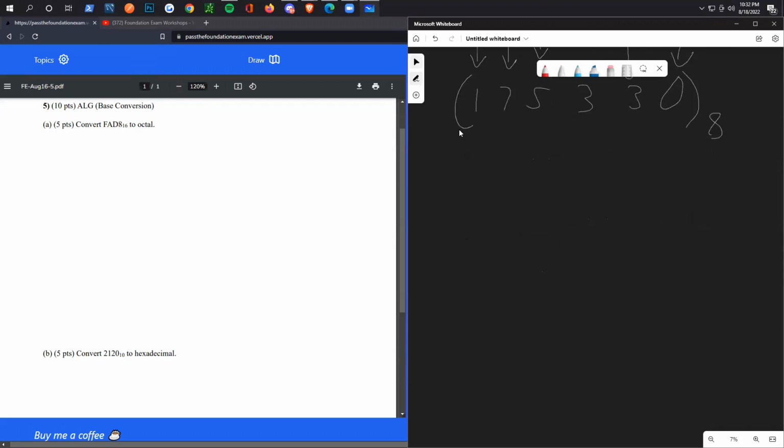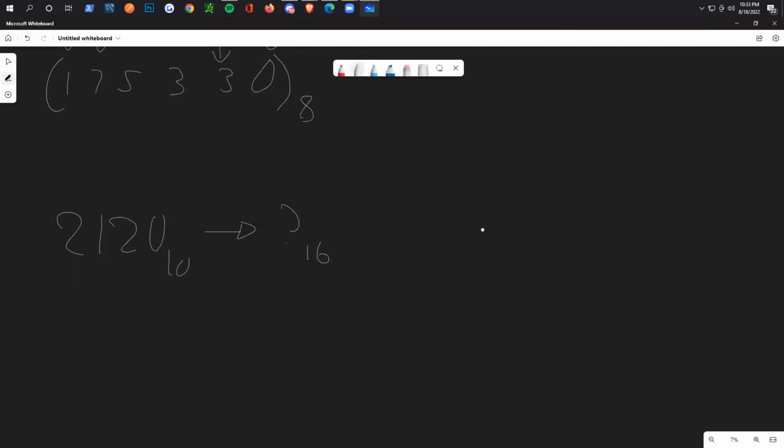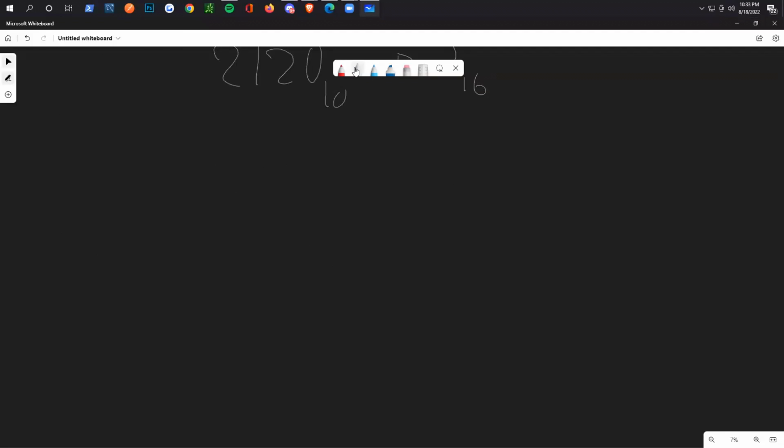Okay, and now the next question: 210, base 10, to hex. We kind of just did this one, but let's just finish it out. So divide this by 16. Doesn't go into 2 at all.